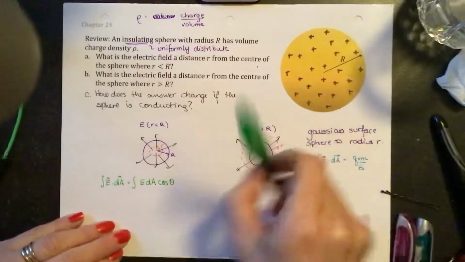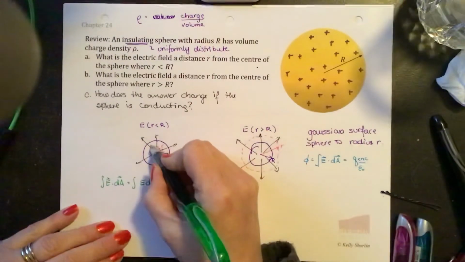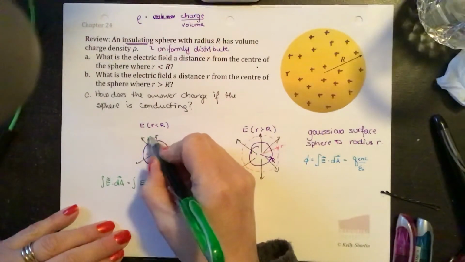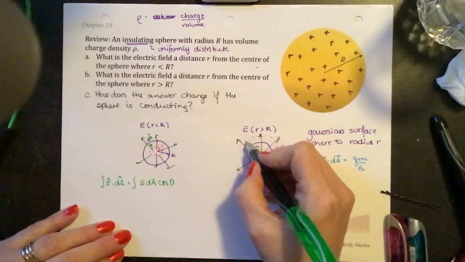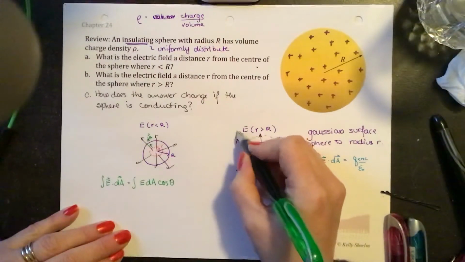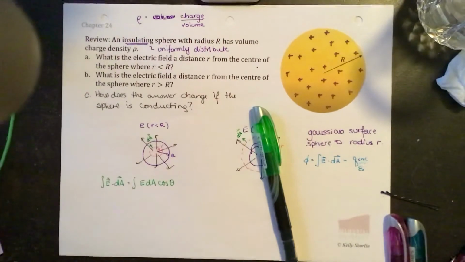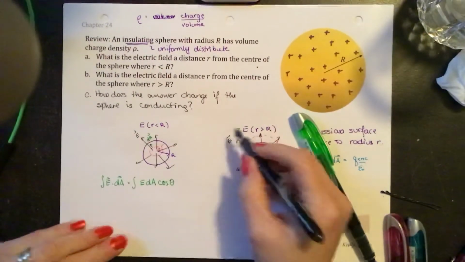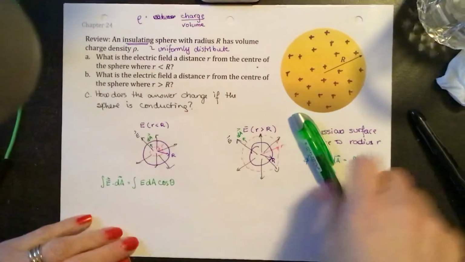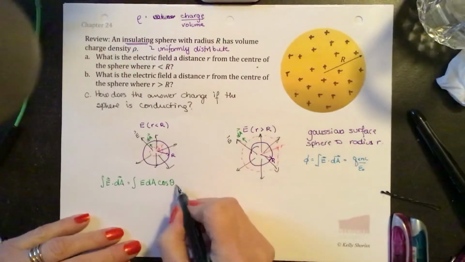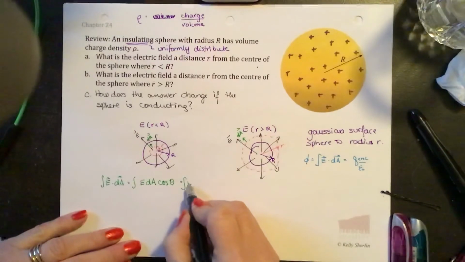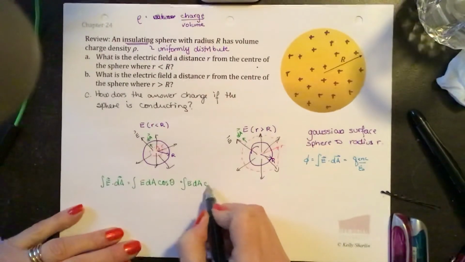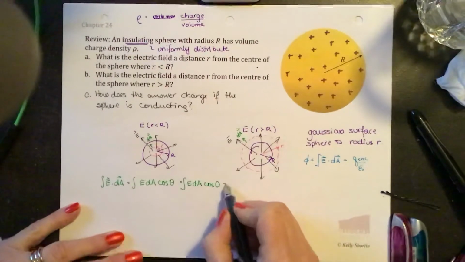And our area vector also points straight out of our Gaussian surface. There's our dA. And that's true in both cases. So our area vector is radially outwards, and our electric field vector is radially outwards. Those vectors are parallel, so the angle between them is 0. So that's equal to the integral of E times dA times cosine 0. Cosine of 0 is 1.